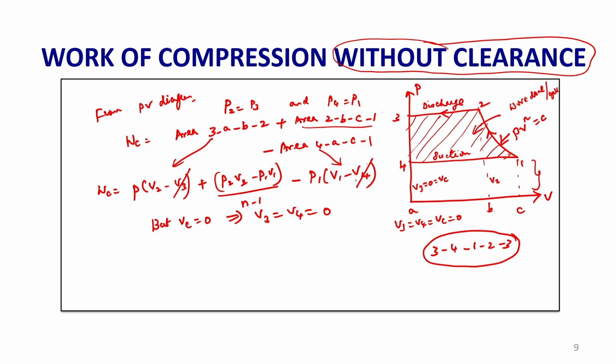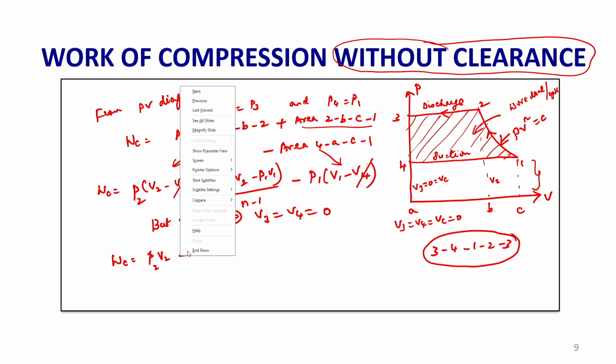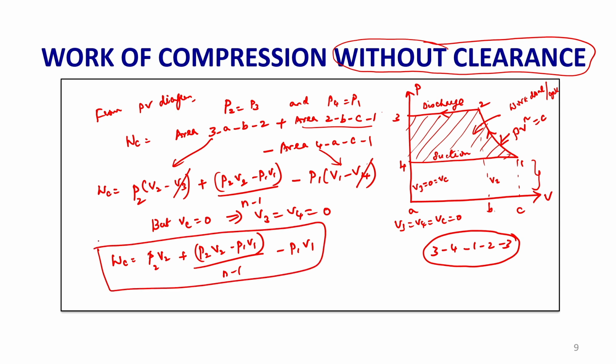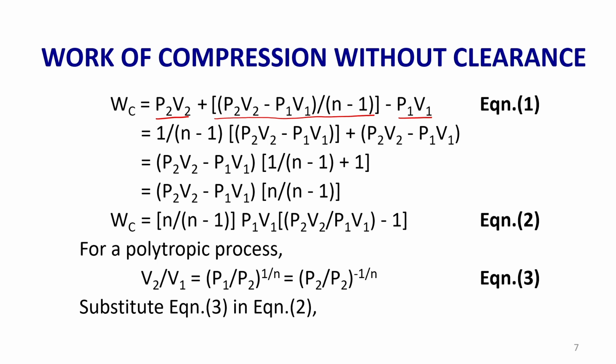Then Wc is equal to P into V2, we can take P as P2 because P2 equals P3, so P2 V2 plus the term with no change, (P2 V2 minus P1 V1) divided by n minus 1, minus P1 V1. So, this is what I have written here: P2 V2 plus (P2 V2 minus P1 V1) by n minus 1, minus P1 V1.